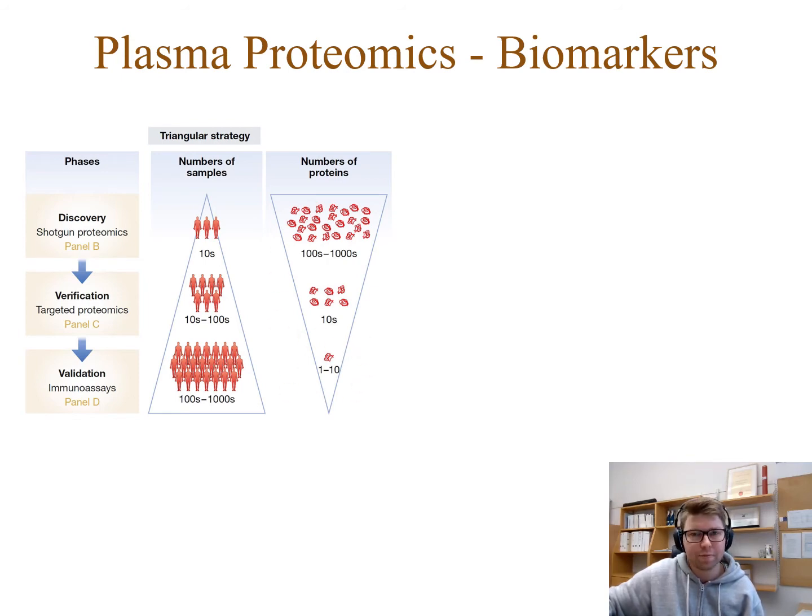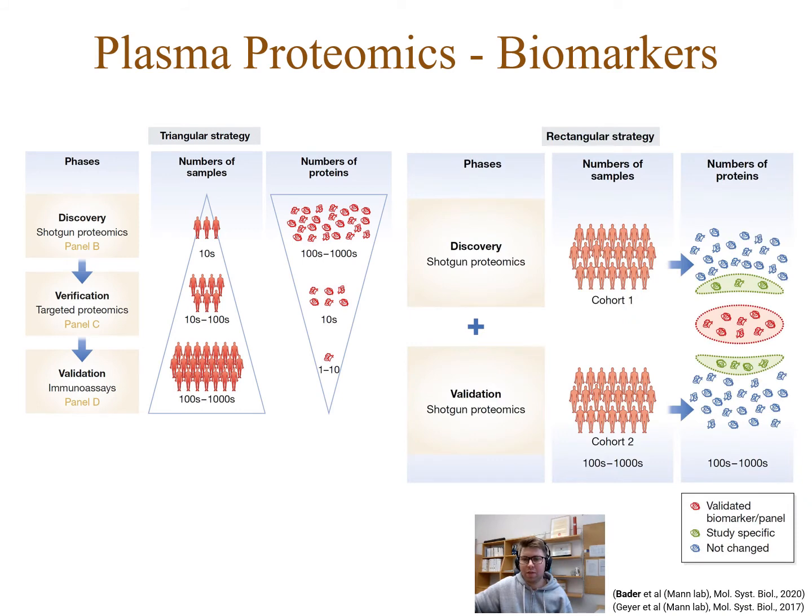phase. So using the state-of-the-art mass spectrometry-based workflows for proteomics that involved automated sample preparation and processing, it's now possible to apply a rectangular strategy. And this rectangular strategy involves global analysis of all proteins in large cohorts for both the discovery and the validation phase.